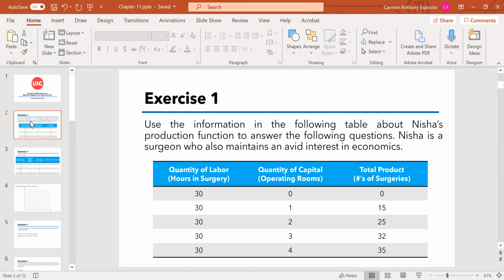So given that you have 30 hours of surgery plus 0 operating rooms, you'll get 0 surgeries produced. And you can read this line as 30 hours in surgery and 1 operating room, you're able to produce 15 surgeries. So given this information, let's see what we're asked to do.